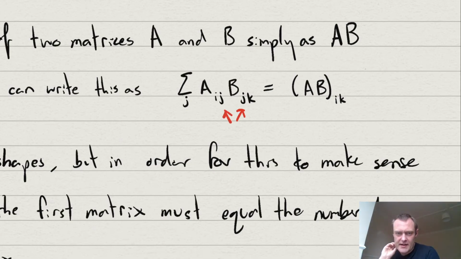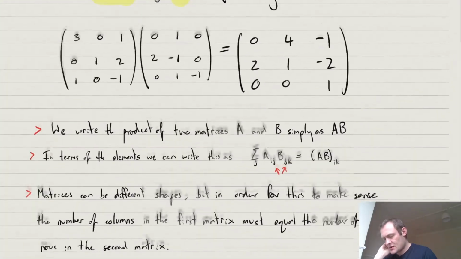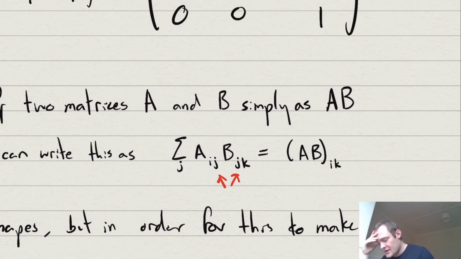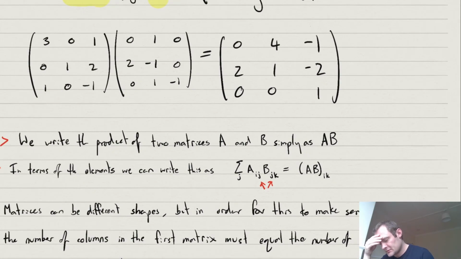And so we're summing over the j's, because when we walk along like this with the first, and we walk downwards with the second, the j there, the second index, is referring to the column, so first column, second column, third column, and the first index is referring to the row, so first row, second row, third row.